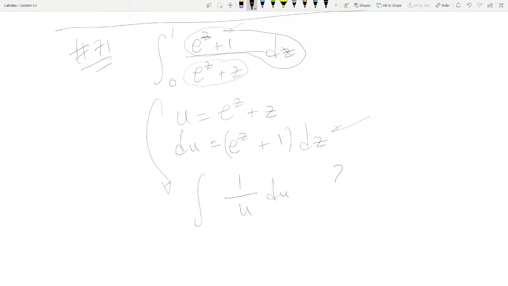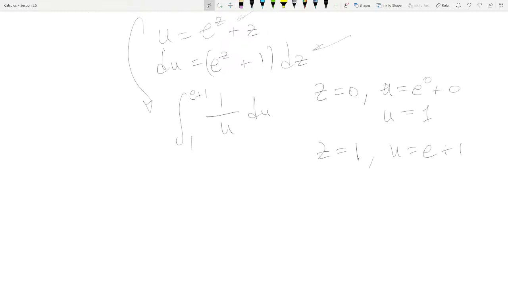When z equals 0, I'm plugging 0 in right here. So u equals e to the 0 plus 0, which is 1. Don't just ignore that: e to the 0 is 1, it's not 0. Then when z equals 1, u is equal to e plus 1. Well, the integral part's not too bad.